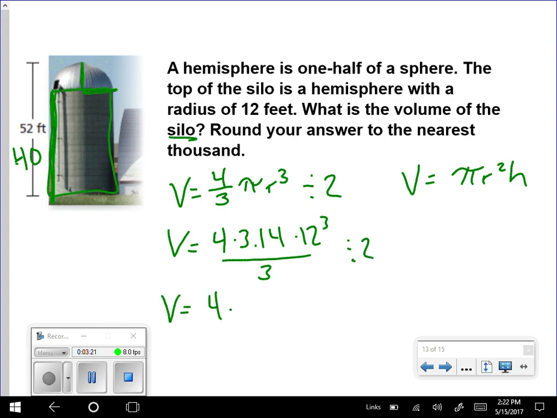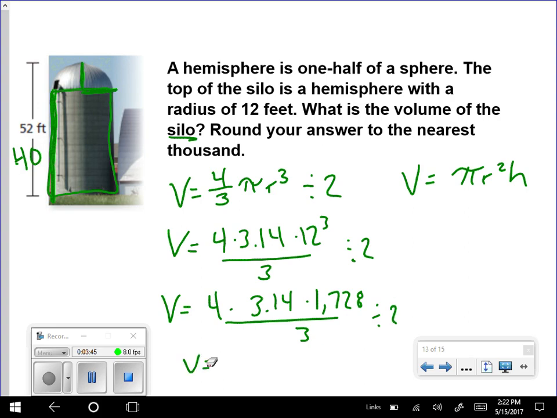Okay, so 12 cubed, and here's where some of you kind of got mixed up the other day. 12 cubed is 12 times 12 times 12. That's 1,728. We're going to be multiplying that by 3.14 times 4, and then dividing it by 3, and then dividing all of that by 2.